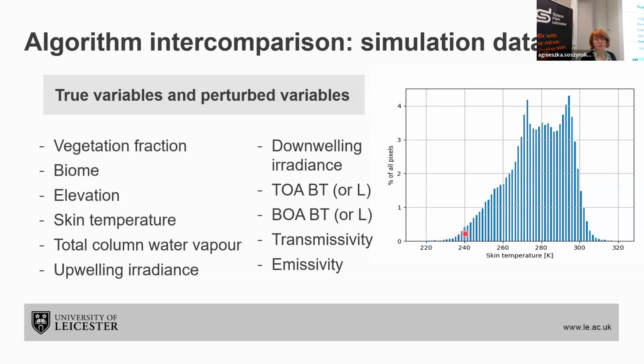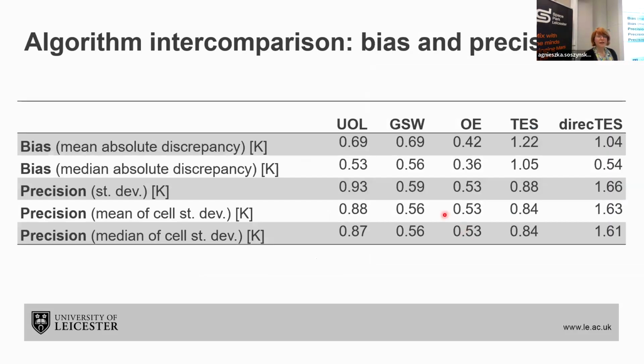So we have both true variables, which we can treat as a reference, and then perturbed variables that are fed into the algorithms. And here are the results of the 5 algorithms I've presented above, where bias means basically retrieved minus truth. And you see right away that there are different bias values for different algorithms. So this contains all the possible input perturbations.